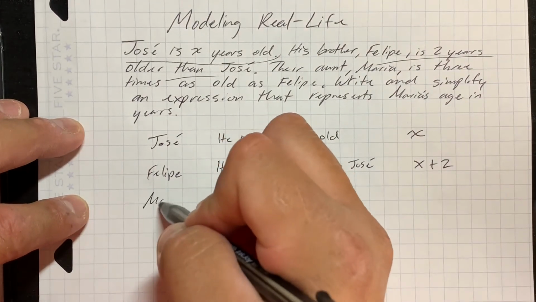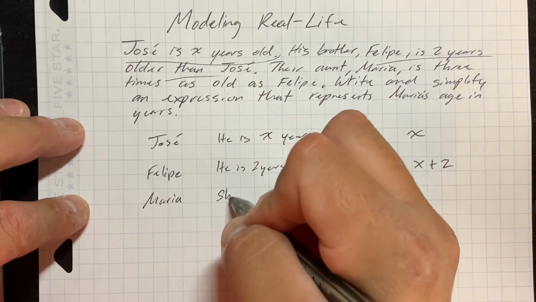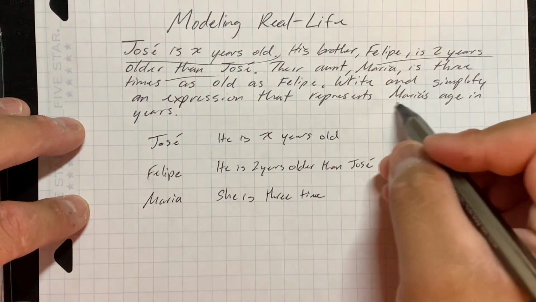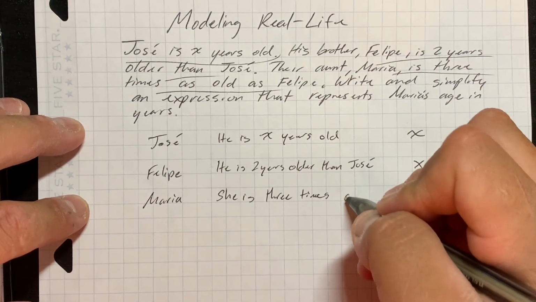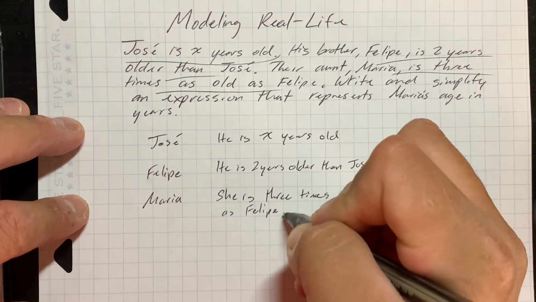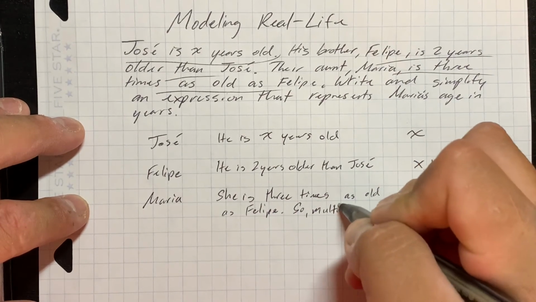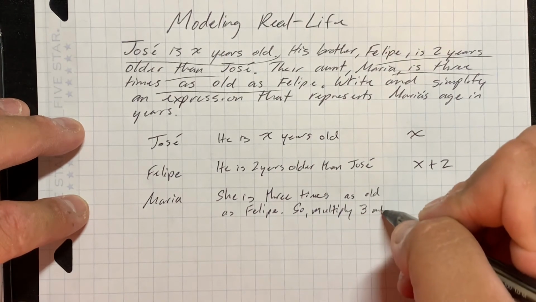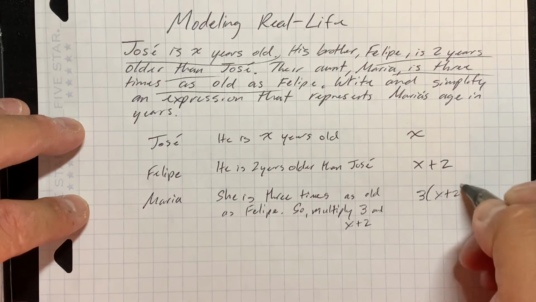And then we have Maria. Maria is 3 times as old as Felipe. So basically we multiply 3 and x plus 2. So this is going to be 3 and x plus 2.